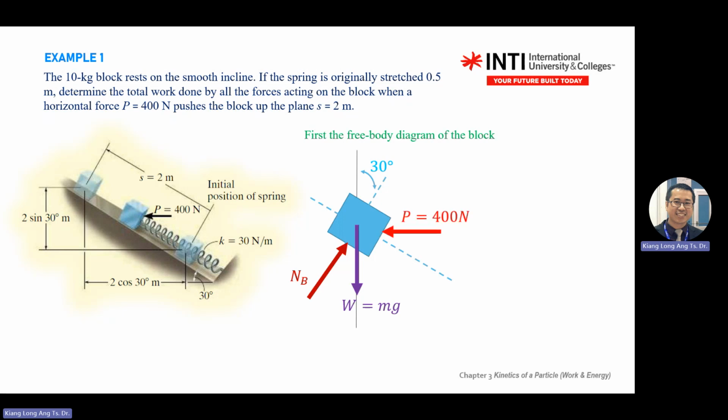Next, you copy the external force. The challenge is on the spring. What do you feel if you're being pushed by the spring? You're feeling the spring punching you or pulling you? Punching, right? So in this case, we just assume the spring will pull you a bit. But if you put it like this, you'll find that if you calculate the equilibrium of the force, you will get negative.